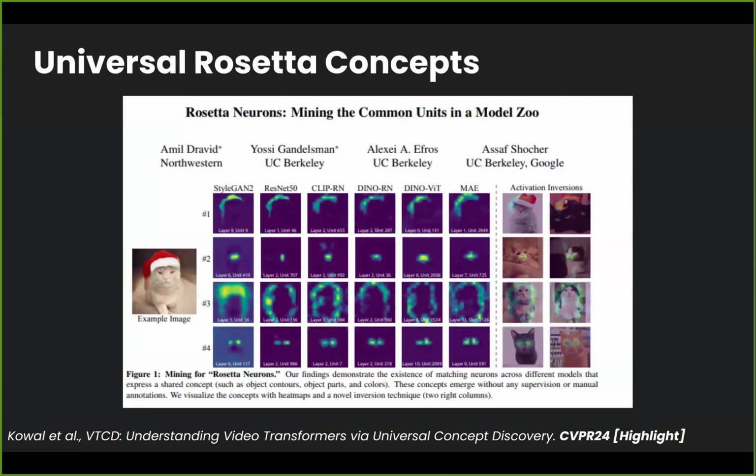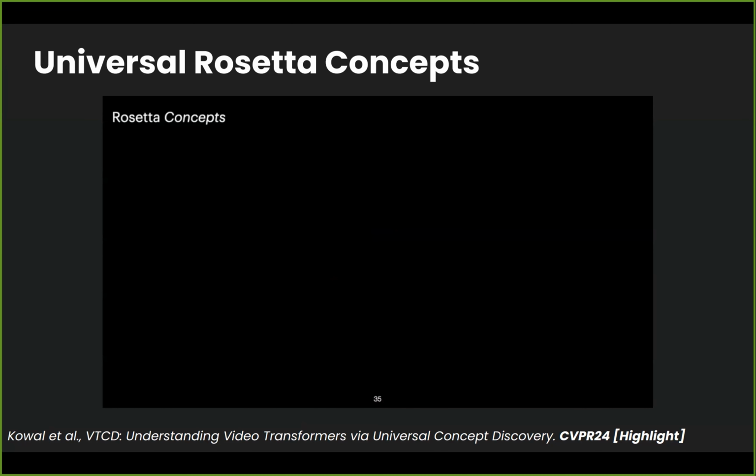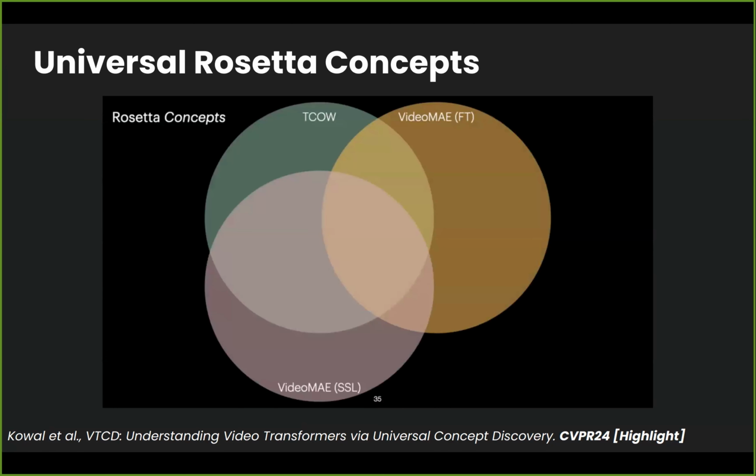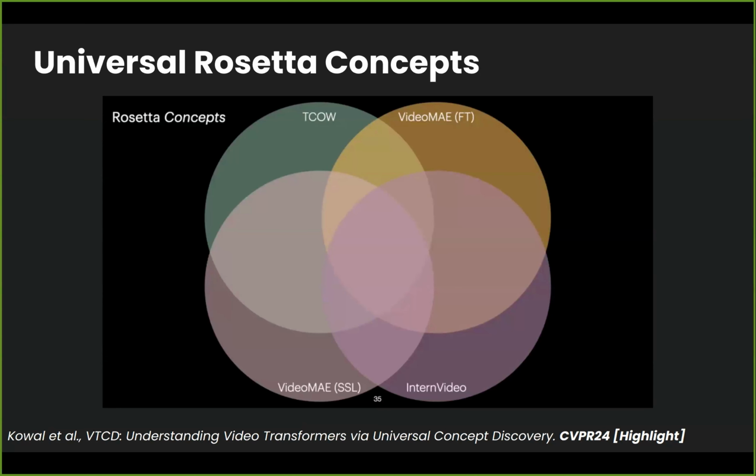And we were inspired by this Rosetta Neurons paper, and we tried to discover what's called Rosetta concepts. And the way this works is we looked at 4 different models: the segmentation model I mentioned, action recognition, self-supervised, and video language. And we identified these Rosetta concepts by looking at the IOU of the tubelets for a given concept.